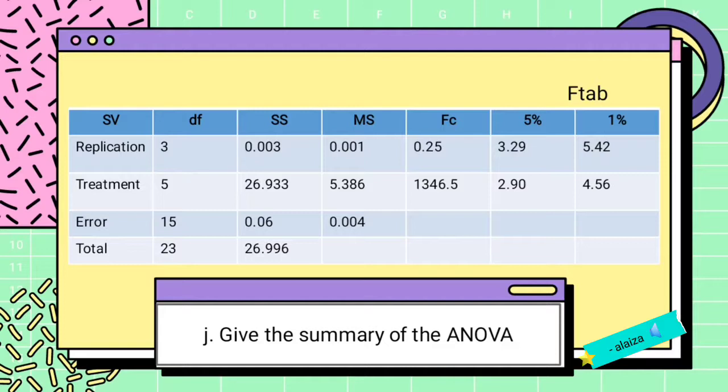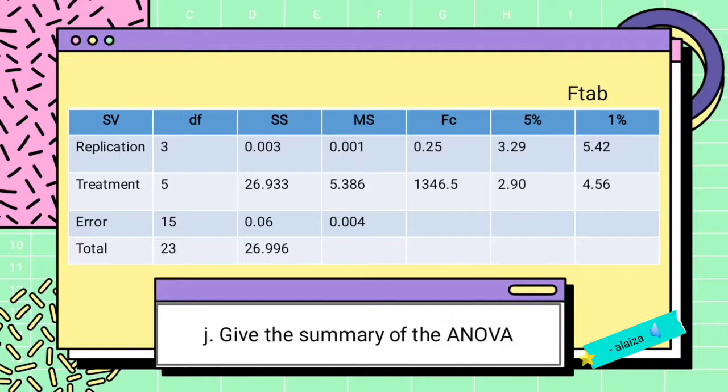Next is 5.386. We got it given the TRSS, which is 26.93, and the DF of treatment, which is 5. So MST equals 26.93 divided by 5, equals 5.386.